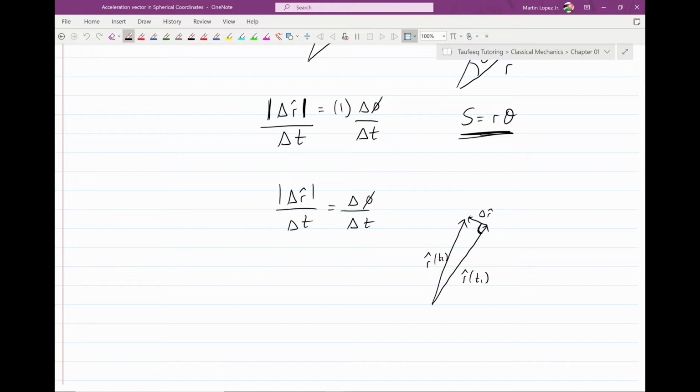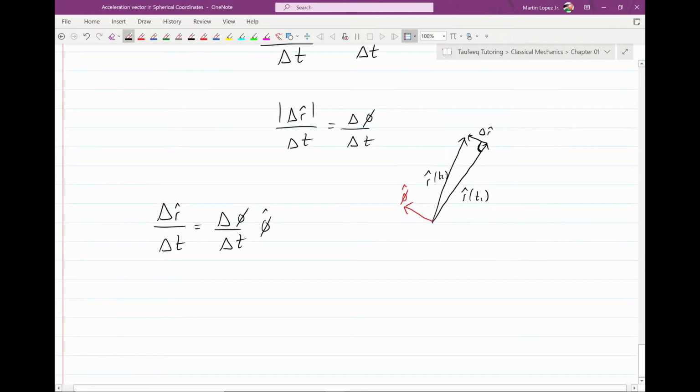Now, what vector do we know that also points in the direction perpendicular to r hat, and is also pointing to the left? Well, we mentioned earlier that the other unit vector in polar coordinates is phi hat, and that is also perpendicular to r hat. So we're going to change this to delta r hat over delta t is equal to delta phi over delta t phi hat. It's pointing in the direction of increasing phi.